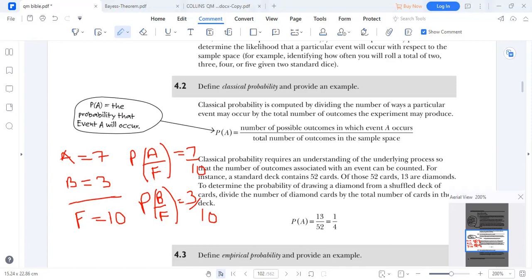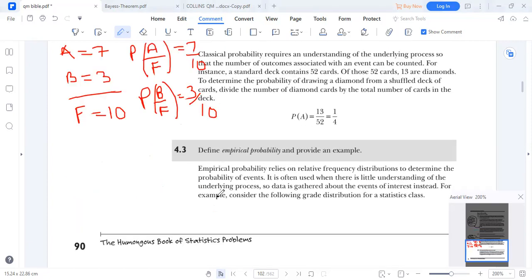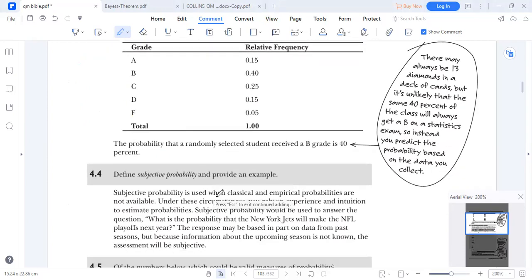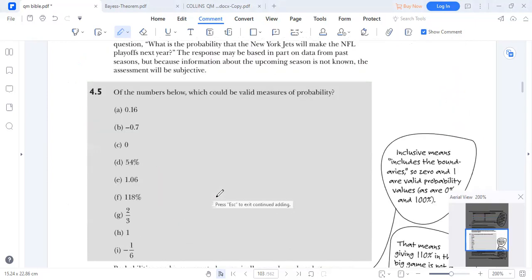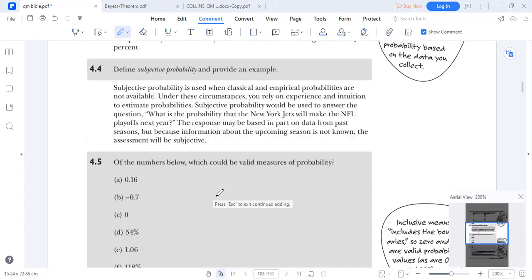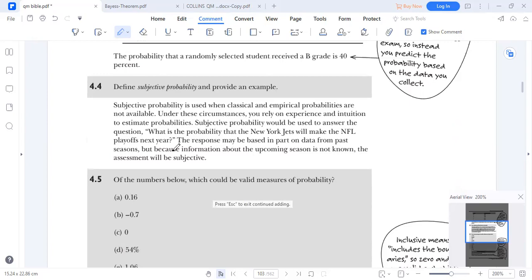We now go to understanding what we call subjective probability. Subjective probability is simply a term used when classical and empirical probabilities are not available. Under such circumstances, we rely on experience and intuition.